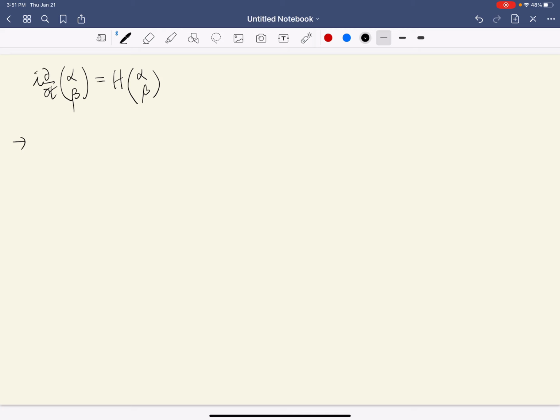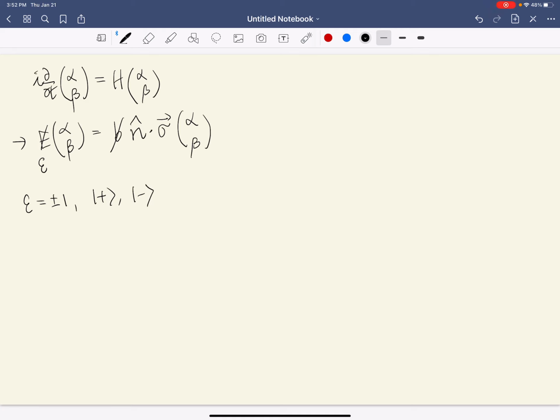Then I transform it into a time-independent problem consisting of this form. By dividing out the b from both sides, I end up with epsilon as the eigenvalue. And there are two eigenvalues, plus and minus 1, and there are two eigenstates, the plus state and the minus state, whose forms were given in the previous page.